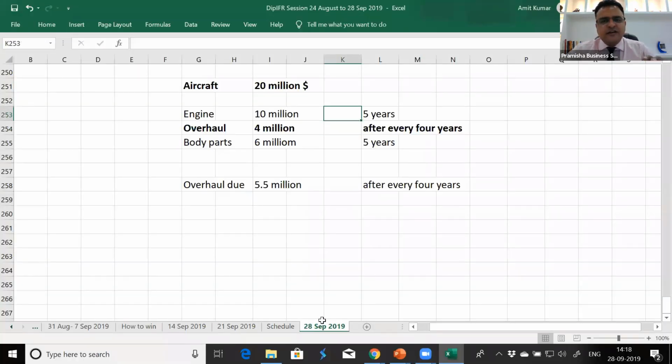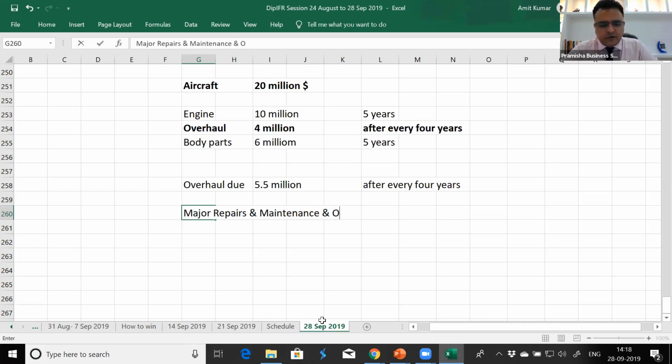And this also makes it clear in regard to PPE overhaul cost. So there are 2 things into it: major repairs and maintenance and overhaul costs are considered as separate components as per IAS 16 property, plant and equipment.